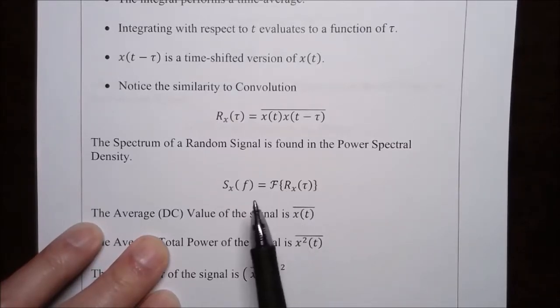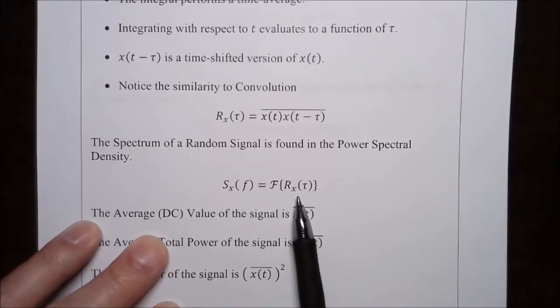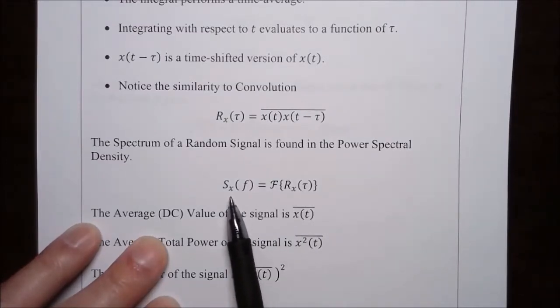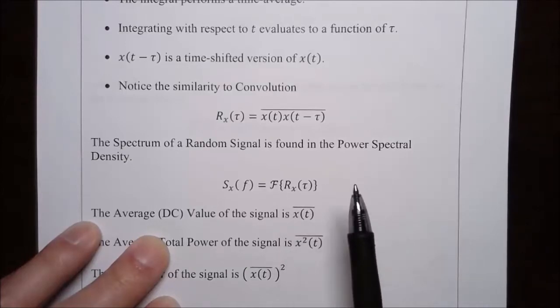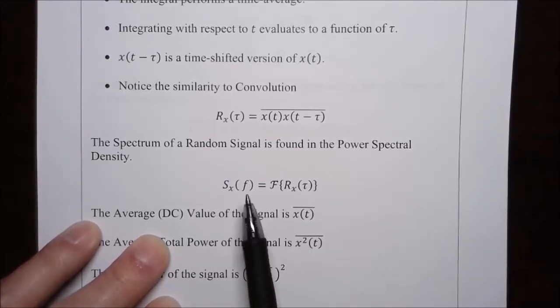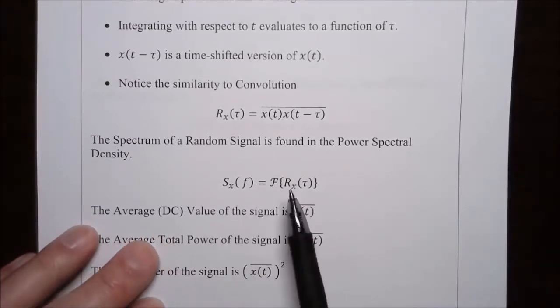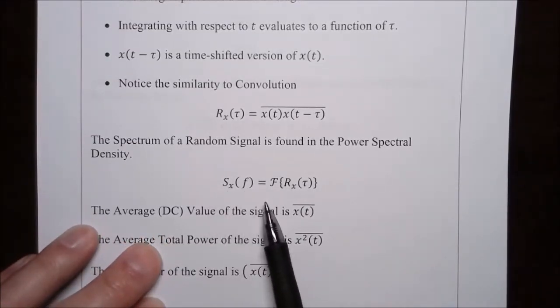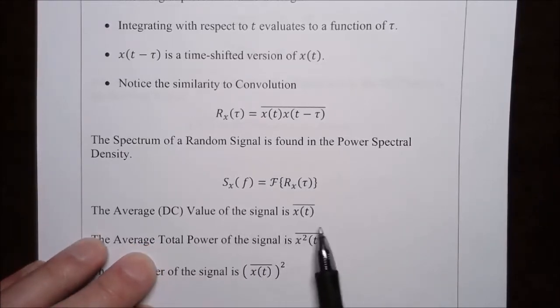The Fourier transform of a random signal is not clearly defined, but what is clearly defined is its autocorrelation function, and the Fourier transform of the autocorrelation function gives us a power spectral density. The regular Fourier transform of a time signal is an amplitude spectrum. This is a spectrum of the power in the signal, but we can still find the bandwidth information and some other frequency information from the power spectral density.